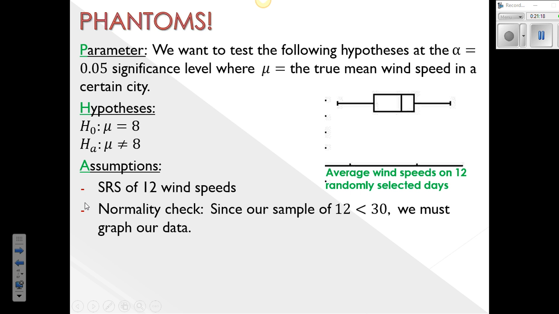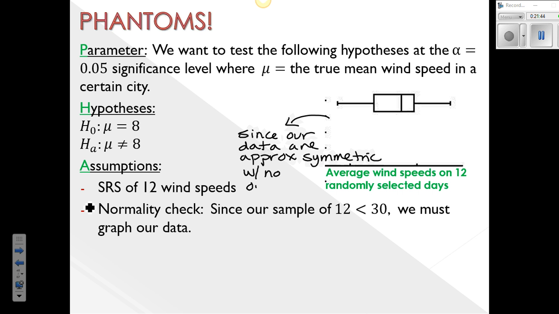But just a brief graph there, and then maybe some little statement that says, since our data are approximately symmetric, with no outliers, we can assume normality.